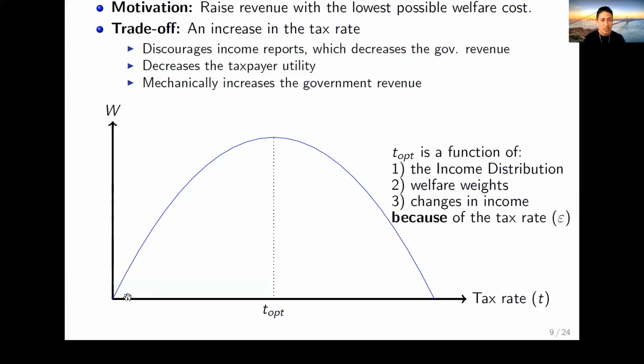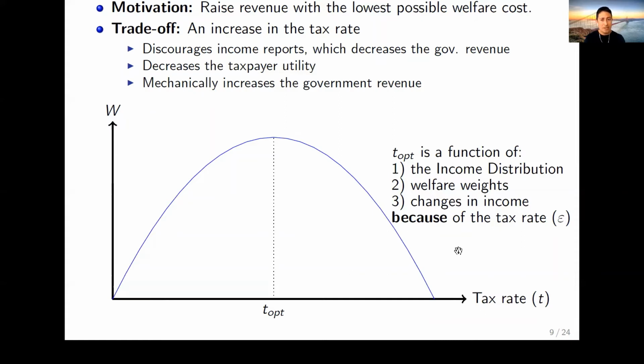So you see here that if the tax rate is equal to 0, as you increase the tax rate, welfare is going to increase, because if the tax rate is equal to 0, the government has no money. Getting a little bit of money by increasing the tax rate is going to allow the government to build the first schools, the first hospitals, and that's going to increase welfare. And as you increase the tax rate, the government gets more hospitals, more schools, and that's great for everyone. But up to a point in which the government already has a lot of schools and hospitals, so if you increase the tax rate, people don't need that many schools and hospitals anymore.